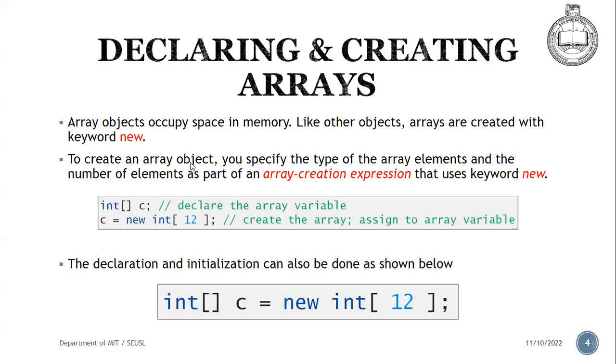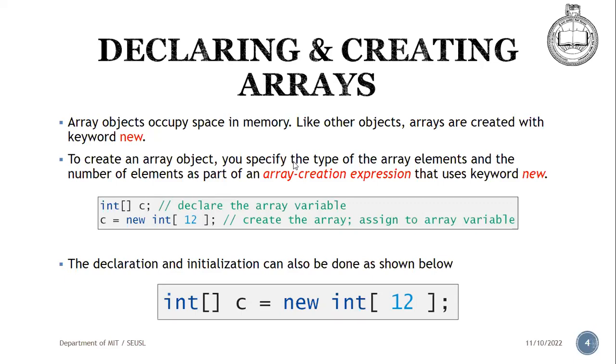Okay. To create an array object, you should specify the type of the array elements. Okay. So this is important. So how to create an array? That means in the array creation process, step one is declaration, array declaration. When we are trying to declare the array, there are two things you have to do.